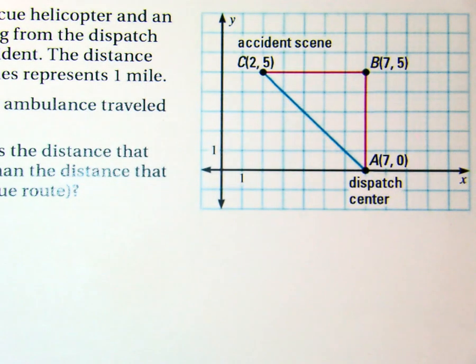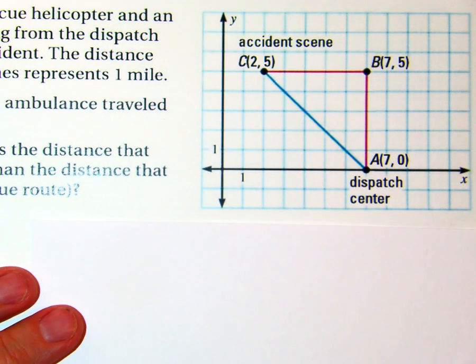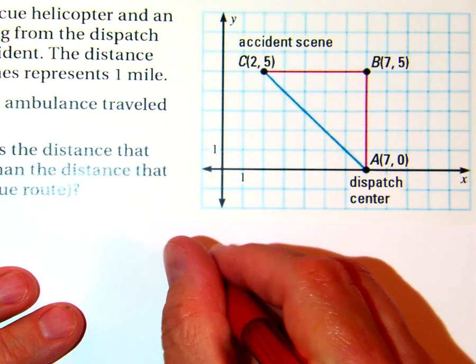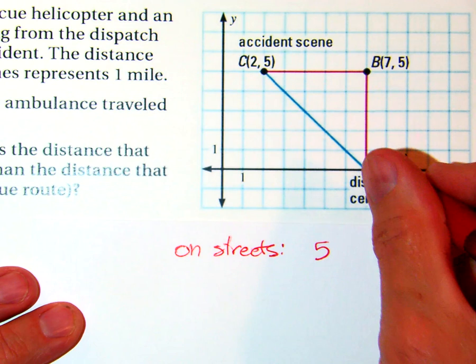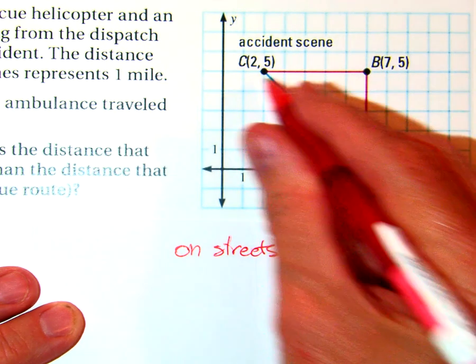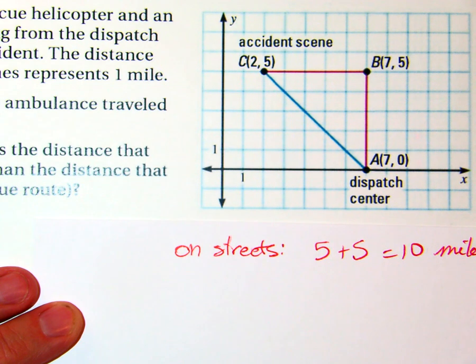So by the red route on the streets would be 5 plus 5, which is 10 miles. Okay. If it were a helicopter ambulance and it could fly directly on the blue line, how much less would that be?